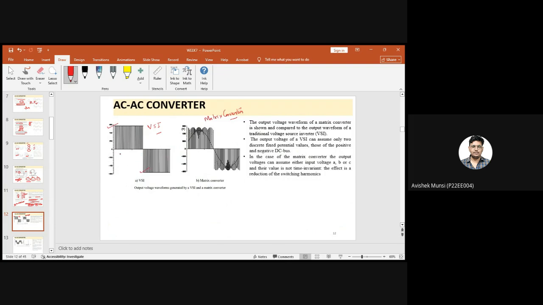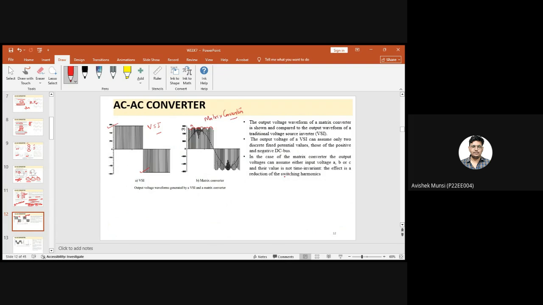But in case of the matrix converter, you can assume that the input voltage can either be, see in this curve, this is not considering one value, but it can be either A, B, C, D, whatever you can choose.